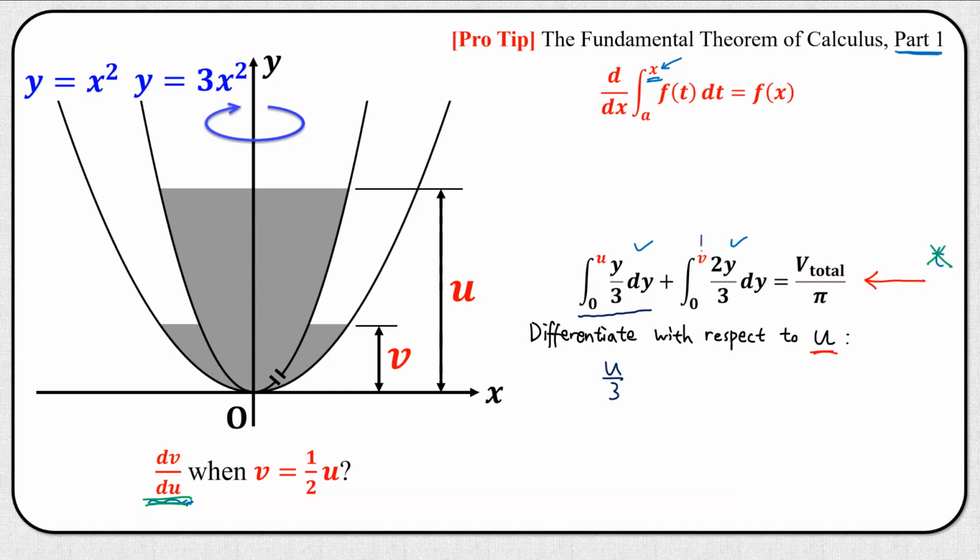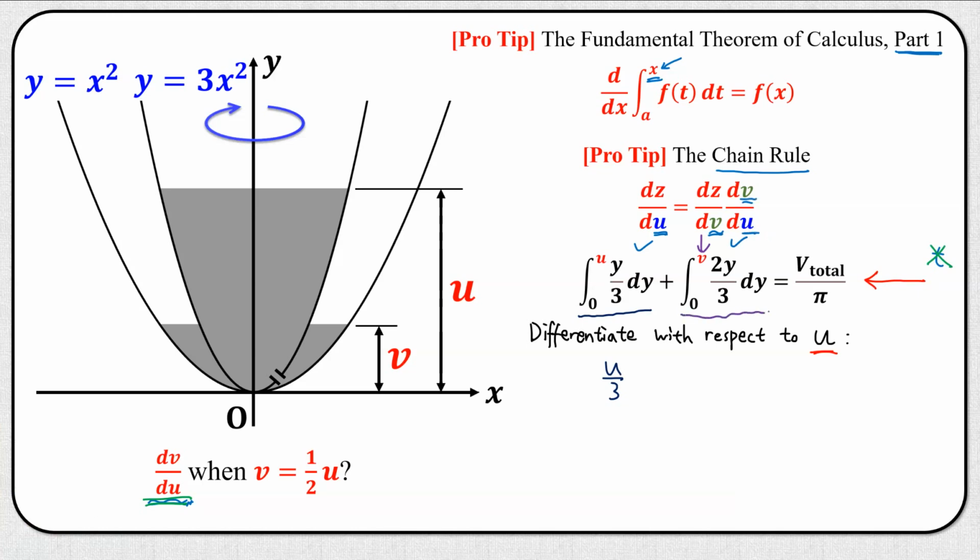But the second term has v at the upper bound of the integral. Therefore, as for this part, we have to use another property, which is the famous chain rule. In the context of this problem, this rule means that if we want to differentiate something with respect to variable u, we can do so by first differentiating with respect to some other variable v, then we differentiate v with respect to u.